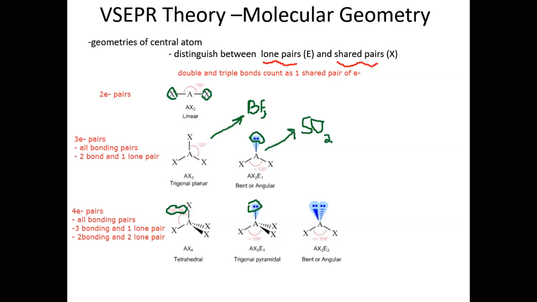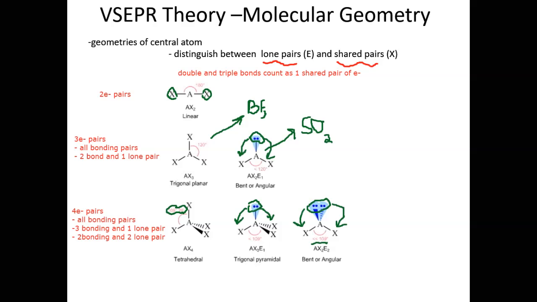But when we go to removing two bonding pairs, these two lone pairs push these two bonds closer together, so it becomes a lot less than 109. So this lone pair is pushing these bonds closer together. And that's the same that happens with the 3 electron pairs too. This lone pair of electrons pushes the bonds closer together so that their bond angle becomes less than 120.